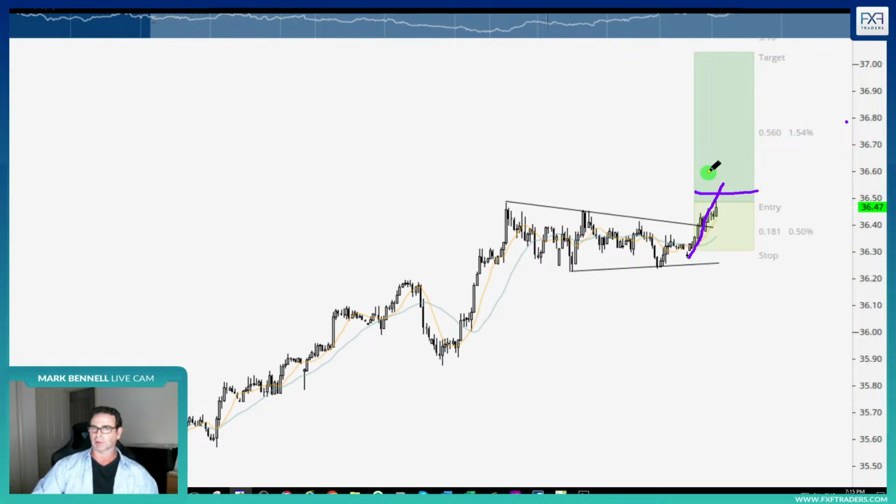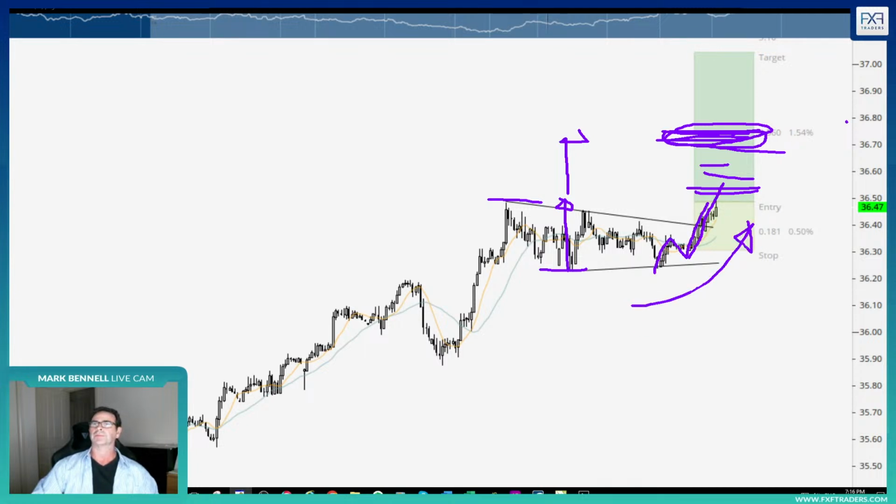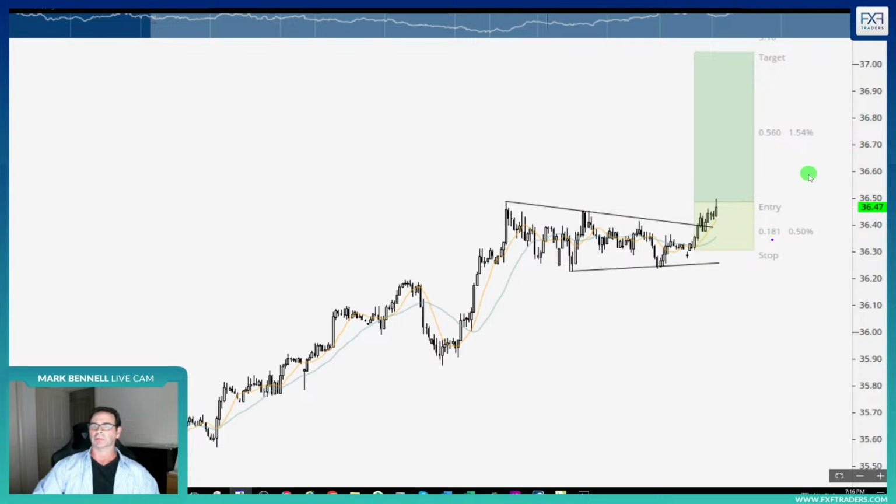All right, 161, 200, 261, and see where they cluster with your targets and this pattern target as well. Well, so you might find you get a couple of other little targets through there based on this most recent swing. All right. So there we go.